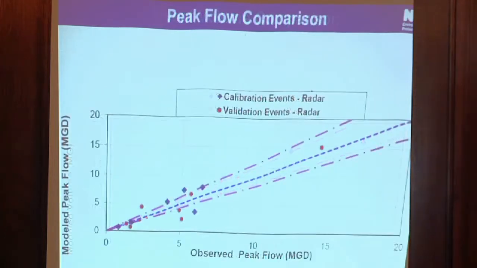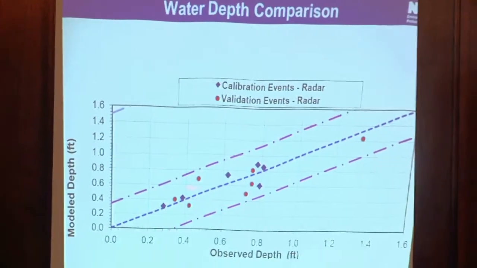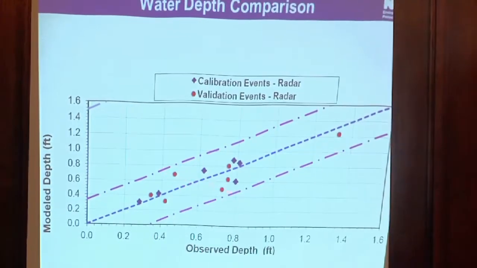And similarly, we did the peak flow that is getting to these metering locations. Same thing, observed versus modeled on the y-axis. Model depth of flow in the sewer, we also track that as a metric. So again, these are the thresholds, and if your model depths are within this bound, it's generally pretty good.